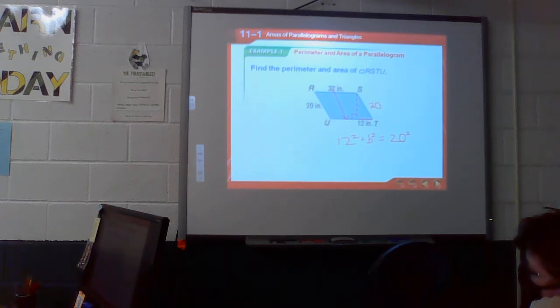Now, why am I doing this? Because I need the height for the area. Do I have enough information to do the perimeter right now? Yeah. The perimeter is what? 32 times 2, 20 times 2. So we'd add that up and put inches on it. So, if I do my Pythagorean theorem, what's 400 minus 144?